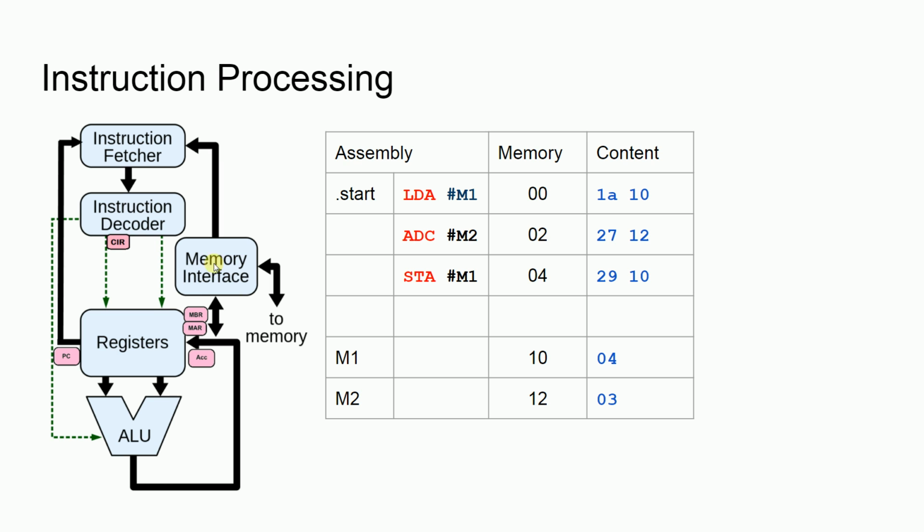The registers, if they need to use the memory interface, they talk to which piece of the memory they want through the address register, and the value is exchanged using the memory buffer register or memory data register, and that acts both ways to the memory.